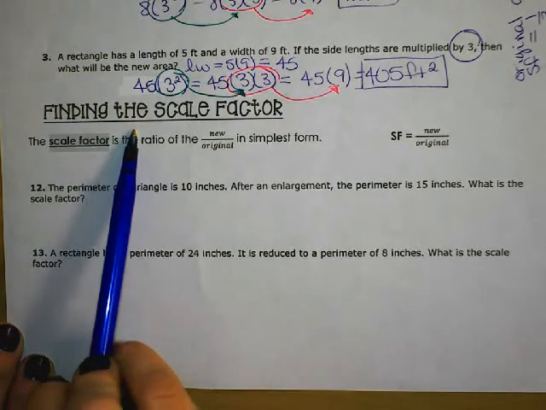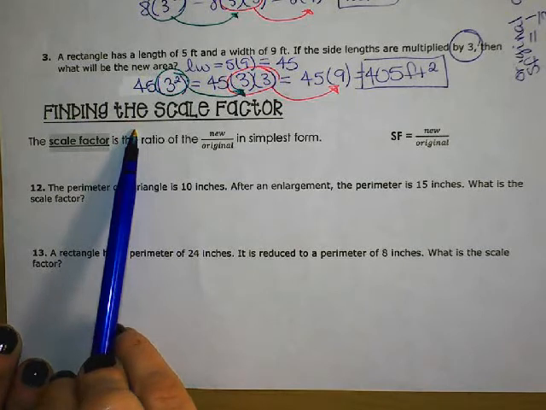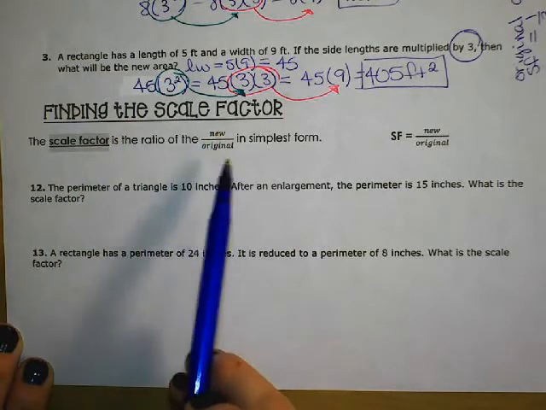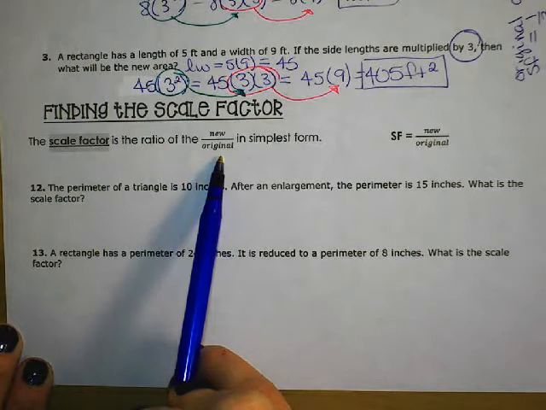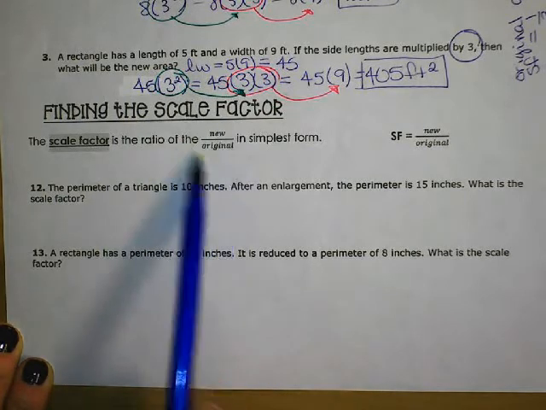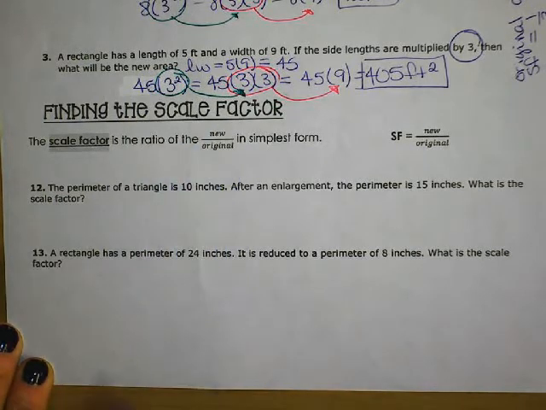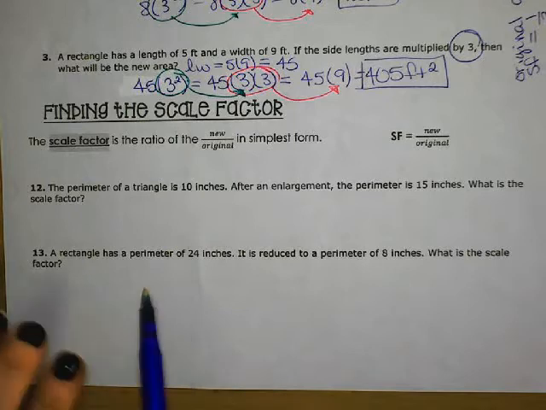Now let's take a look at finding the scale factor when you are given the new perimeter and the old perimeter. This looks awfully familiar. You still have the original at the bottom. Number 12.